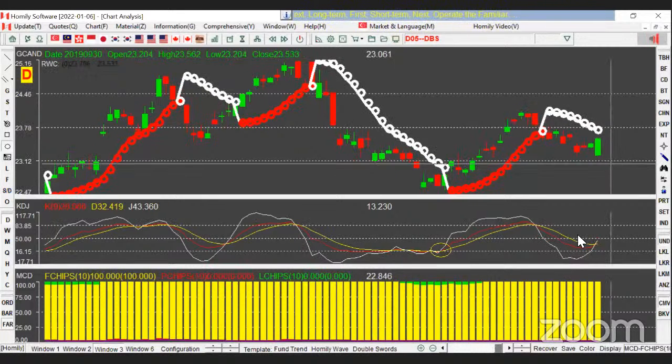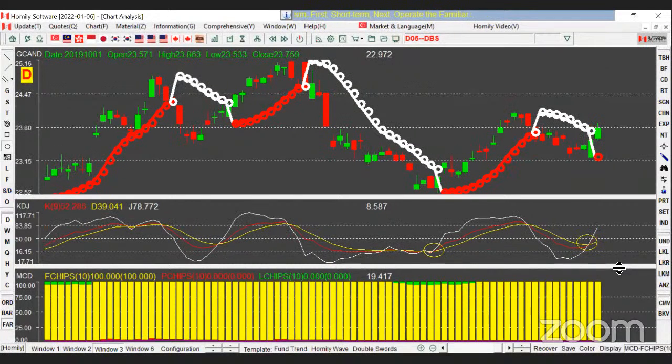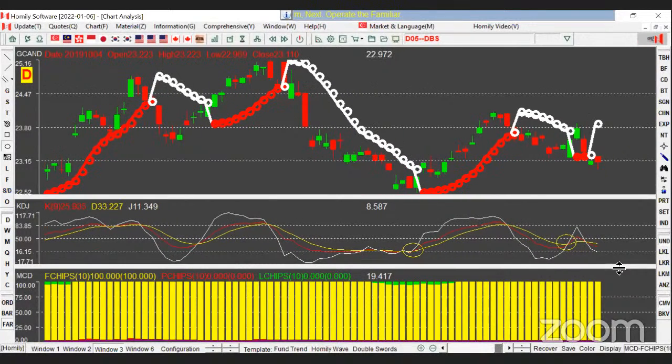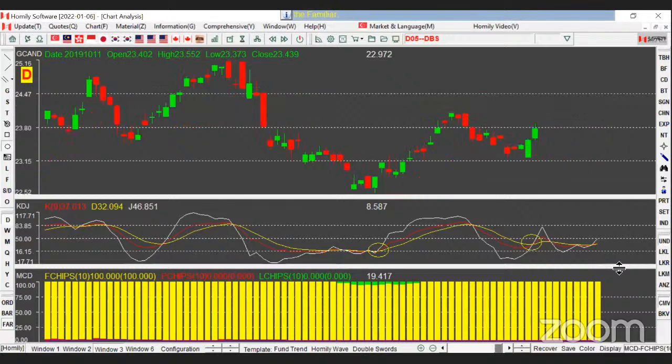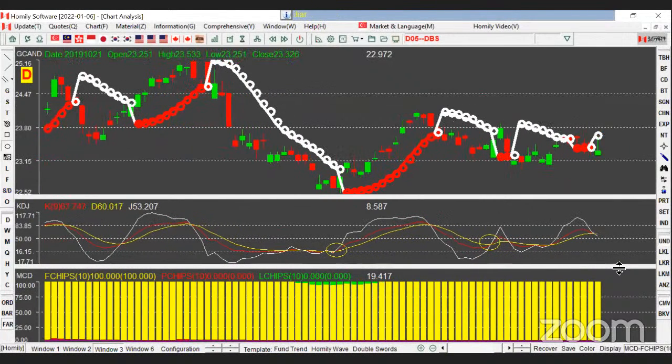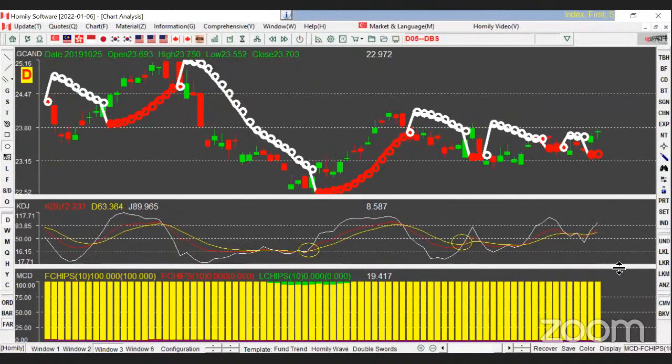Okay, for this case, golden cross, yes, also 1 day earlier. Okay, failed. Also, because no indicator has a 100% success rate, right? You know the feature of KDJ in a volatile market: it might give you an earlier buy and sell signal than, let's say, the red and white circle. But that's only applicable in the volatile market.